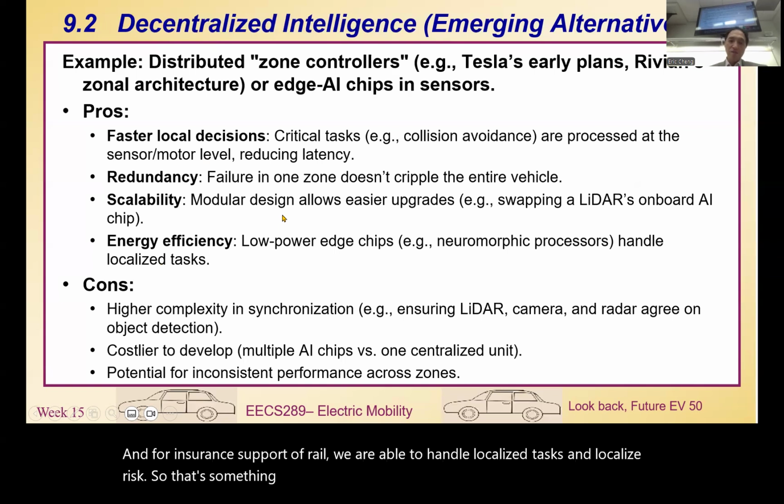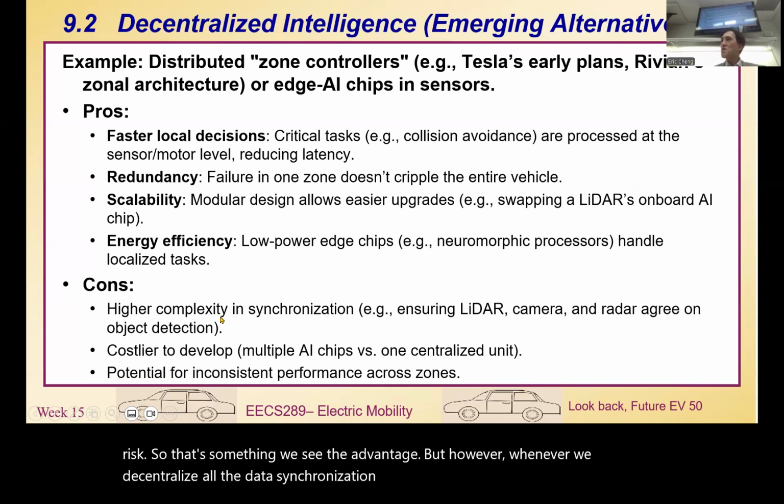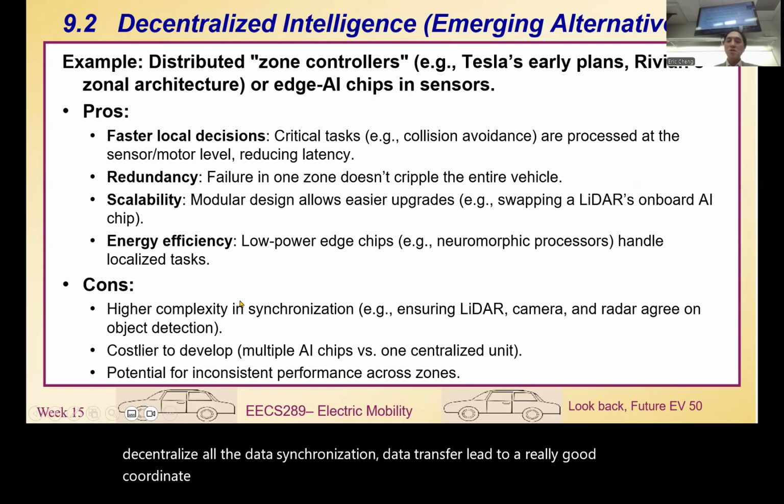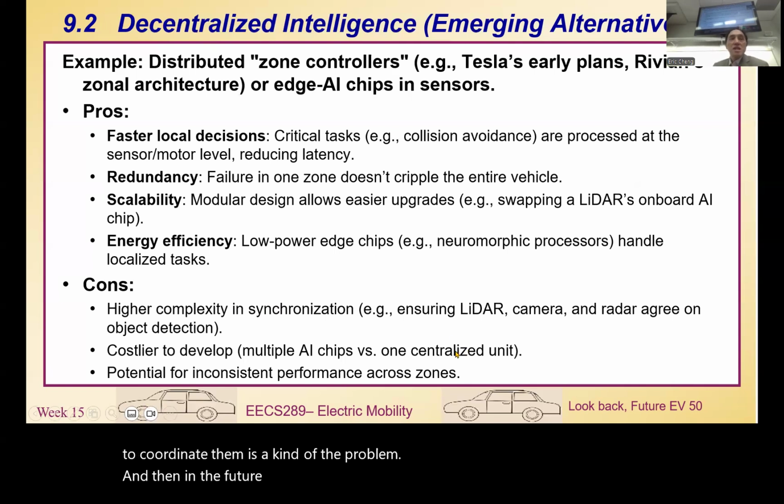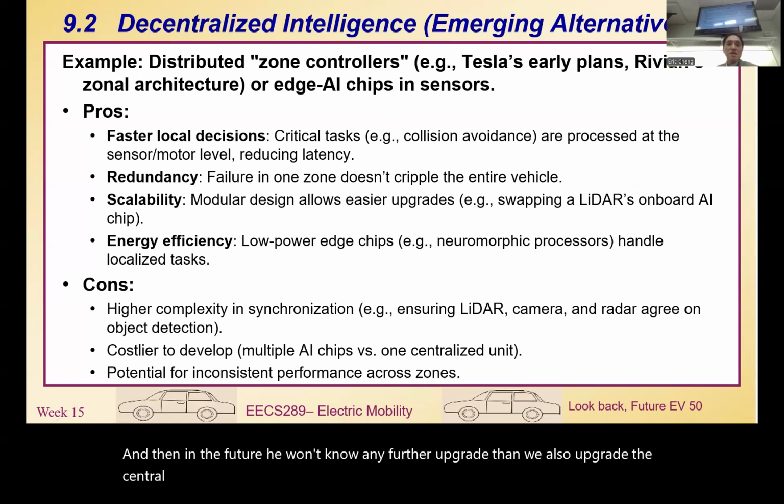However, whenever we decentralize, data synchronization and data transfer need really good coordination, because each local decision can deviate quite a bit from the others. How to coordinate them is a problem. And in the future, if we want any further upgrade, upgrading the central computer may not be that easy. That's why everything will be divided into zone control.